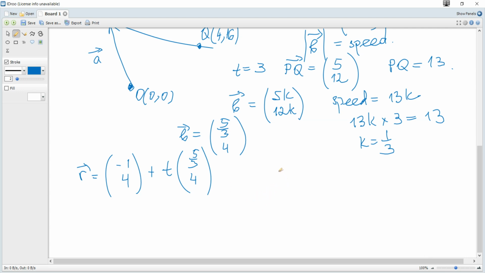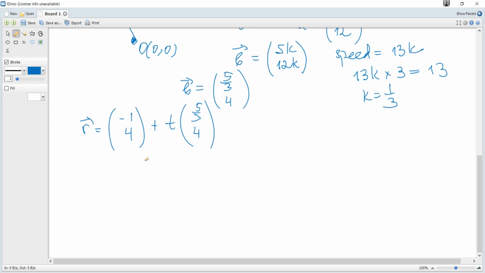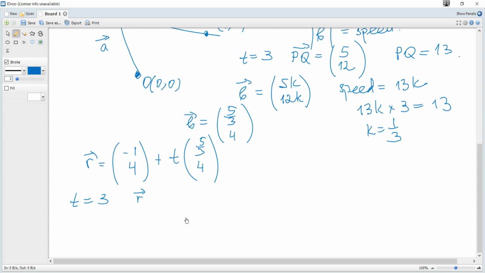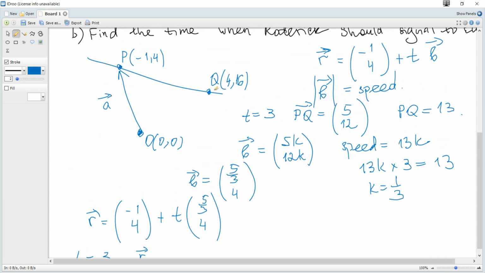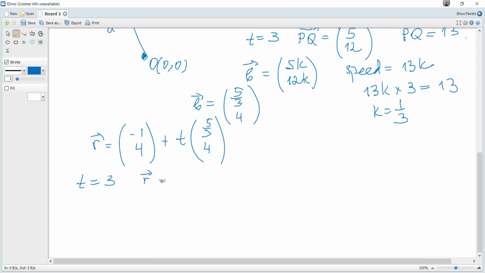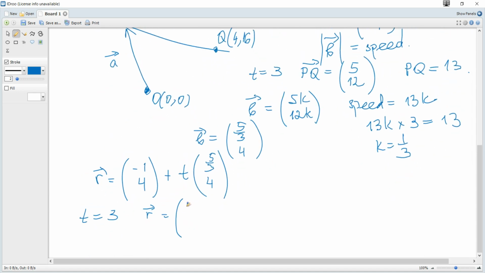Another way to find the vector b. We know that at time t is 3, add is at point Q, so position vector is 4, 16, and it is equal to -1, 4.